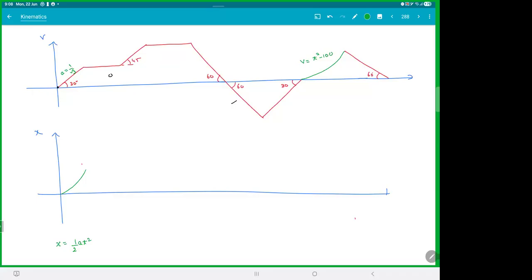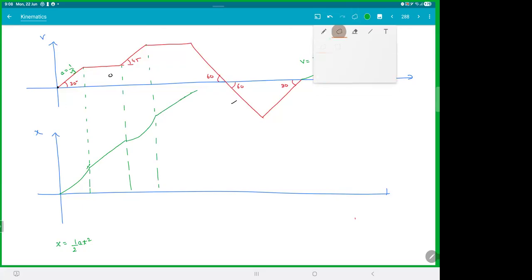Then velocity became constant, so a straight line. Then again, acceleration is increasing, again another upward parabola. Speed should increase. Then velocity again became constant, so it would be like this. I didn't have enough space there.